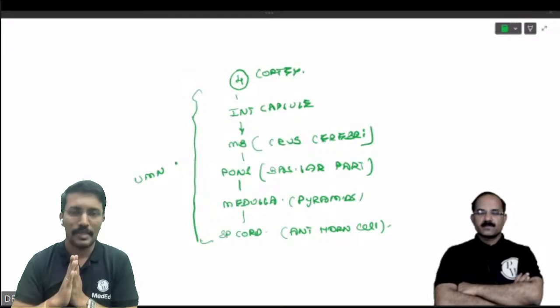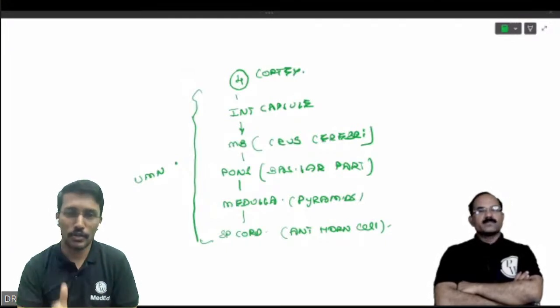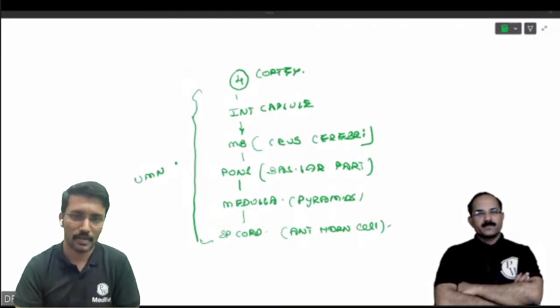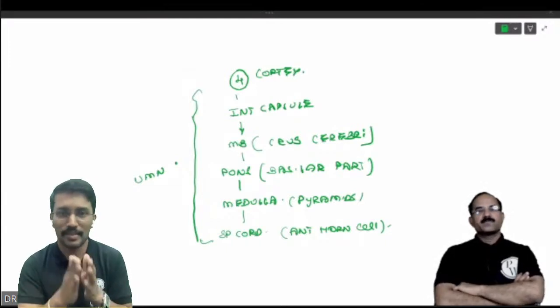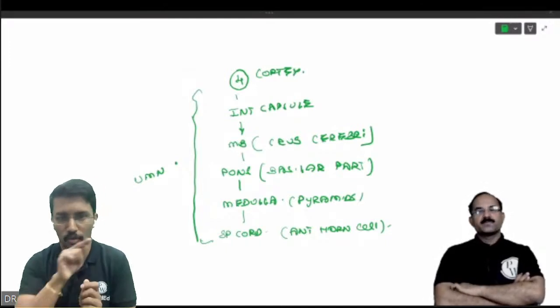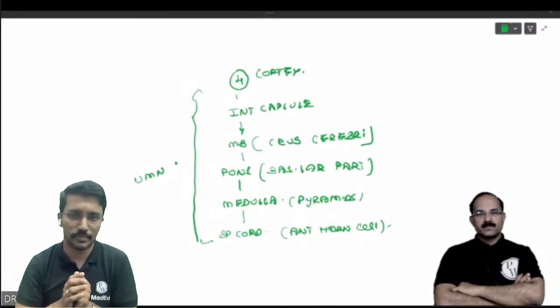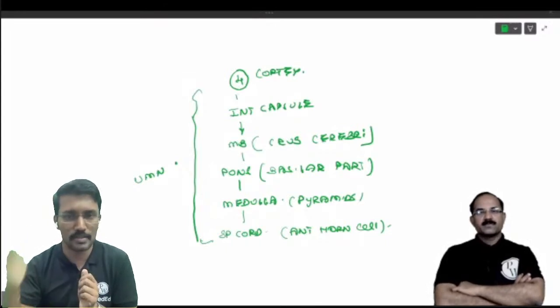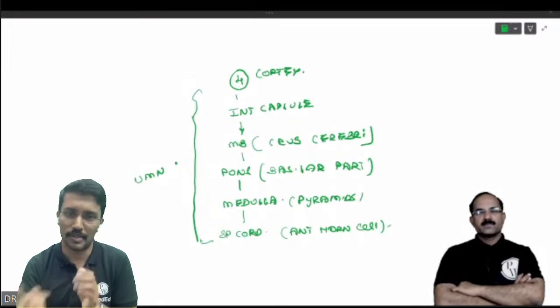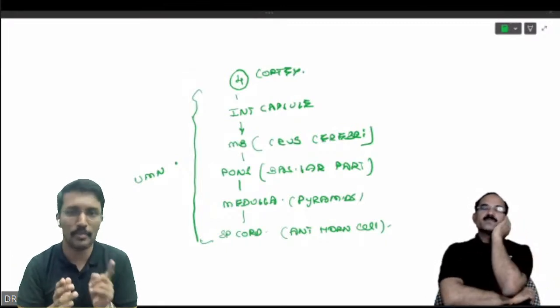Number 1. Second, based on the examination, we can also determine the side of the lesion. The side of the lesion will always be the side of cranial nerve involvement because the tract decussates. So hemiplegia will always be on the opposite side of the lesion. Cranial nerve involvement will be on the same side of the lesion.